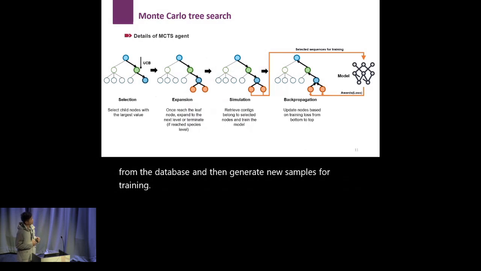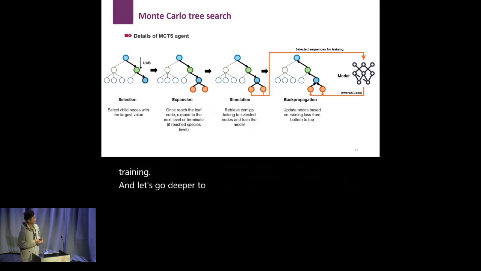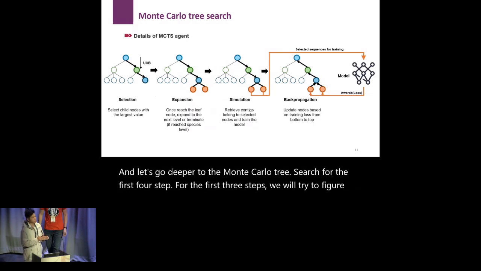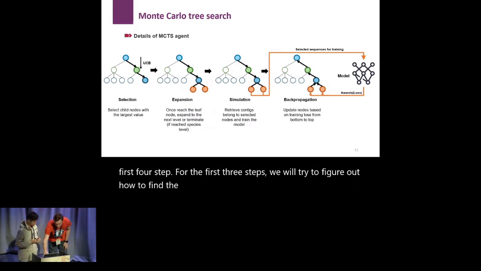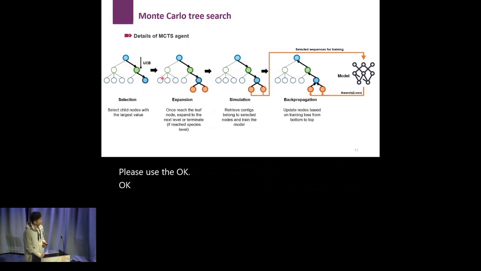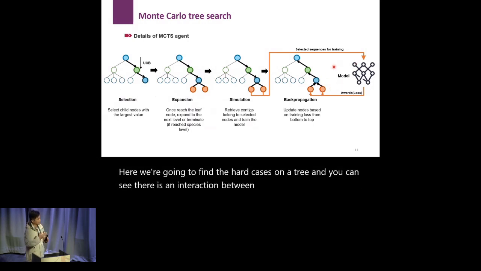And let's go deeper into the Monte Carlo tree search. For the first three steps, we will try to figure out how to find the hard cases. So here we're going to find the hard cases on the tree, and you can see there is an interaction between the model and the agent.